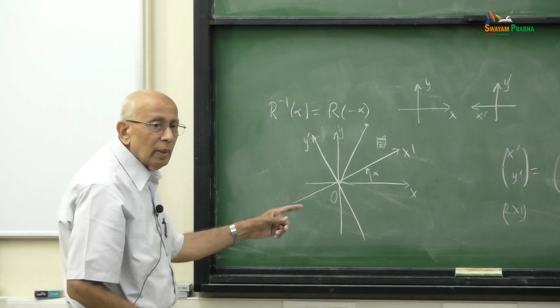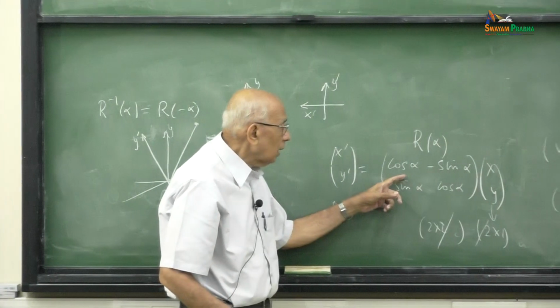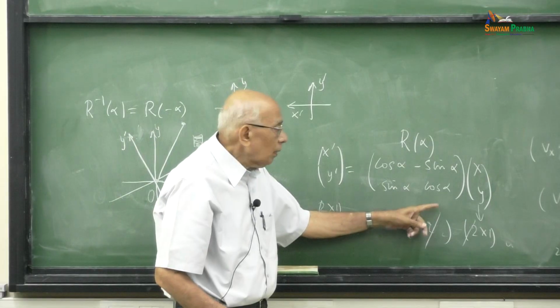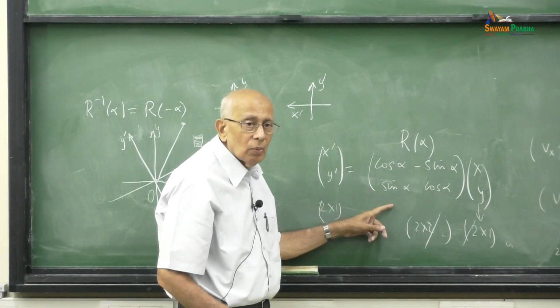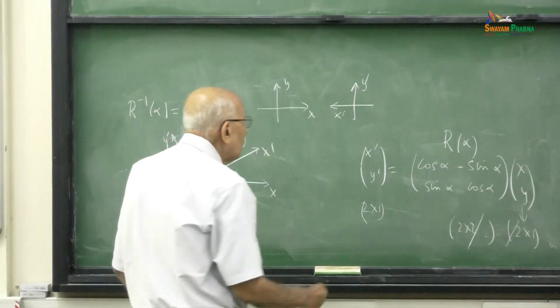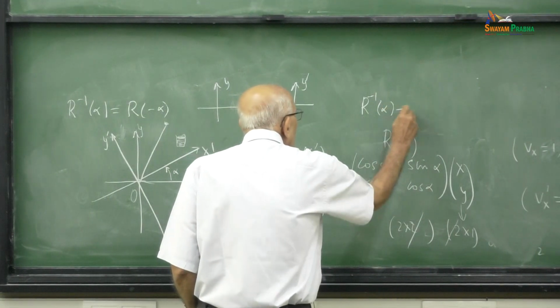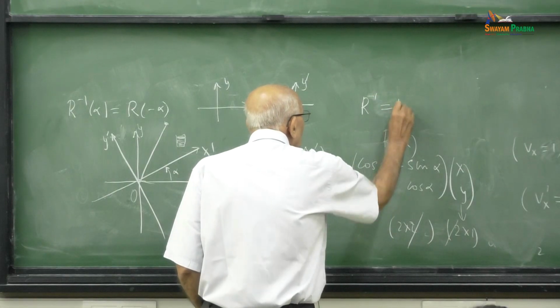But what is R of minus alpha equal to? Just look at this. If I put alpha to minus alpha, what do I get? Cos alpha remains unchanged, but this becomes plus sine alpha, and this becomes minus sine alpha. It's the transpose. So we've just proved the property that R inverse of alpha, for any alpha, is equal to R transpose.